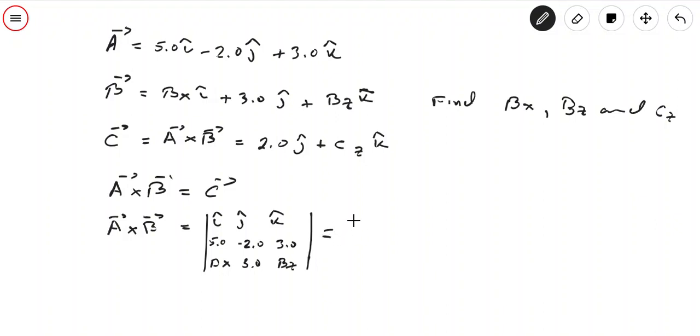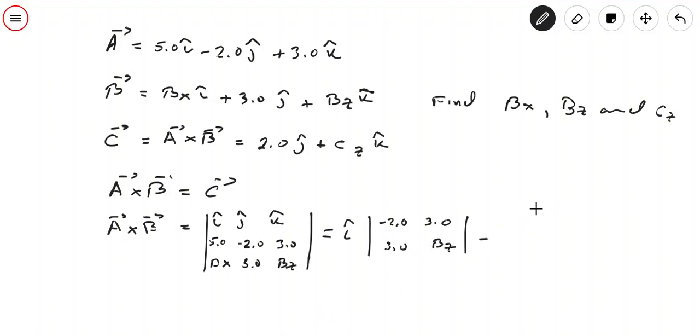But let us solve first this determinant. So we have here i times, so we have now a 2 by 2 determinant, canceling this column with this row. We get these values here: negative 2.0, 3.0, 3.0, Bz, minus.